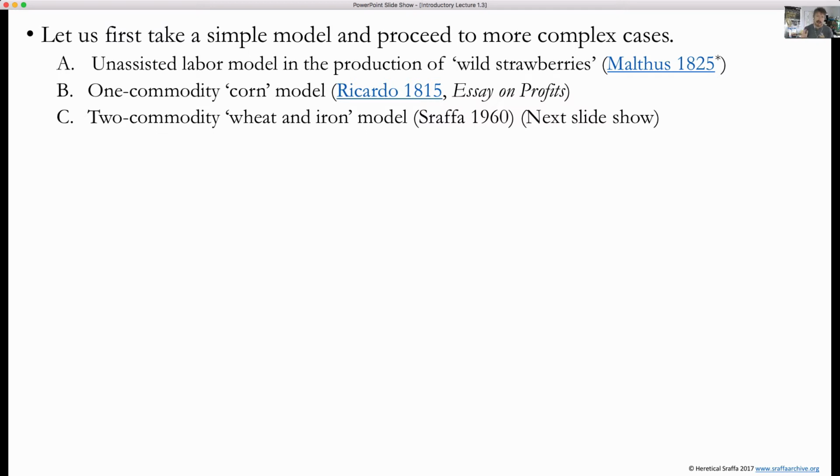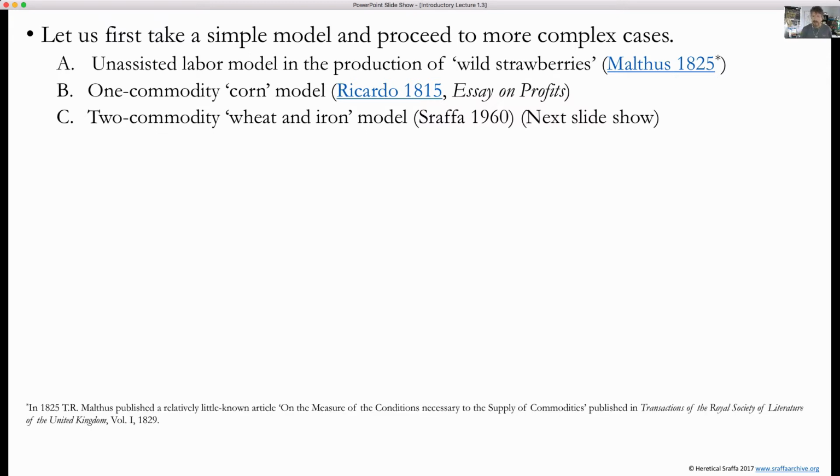The example I have here is in the production of wild strawberries, quote unquote. This comes from a very interesting article that Malthus wrote in 1825, 2 years after Ricardo died. Remember, Ricardo died in September of 1823, and in 1825, Malthus publishes this relatively little-known article.